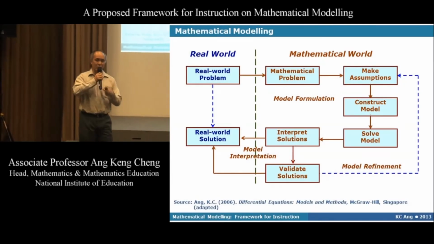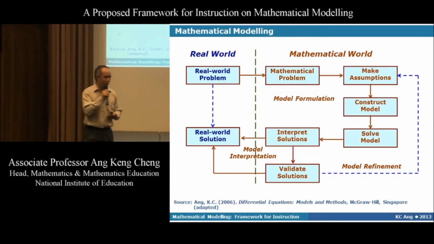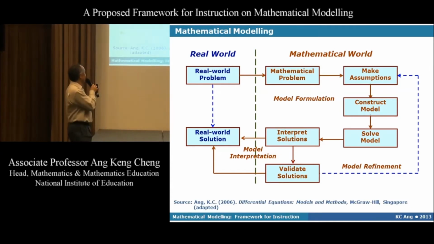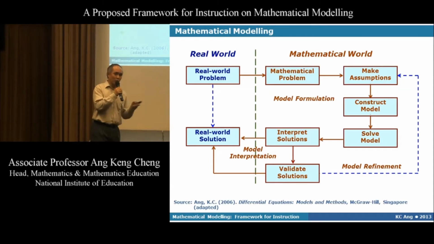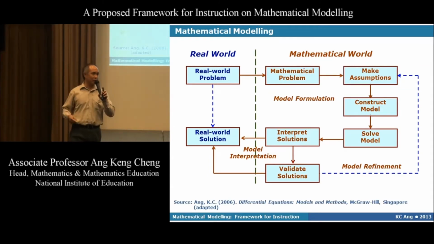Sometimes at this stage we find that the model is not good enough, and we need to refine it a little bit. Maybe we go back to the assumptions and relax some of them and make changes to the model, and that process is what we would call model refinement. So roughly, this is a picture that can describe the process of mathematical modeling.